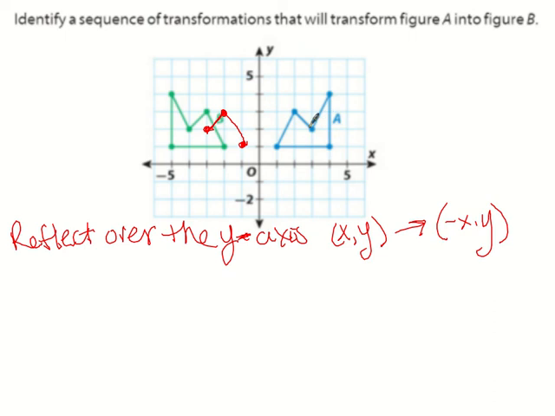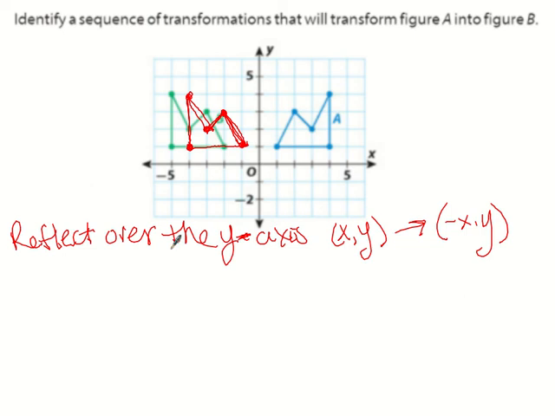So this one looks like 1, 2, 3, 4, 1, 2, 3, 4, but it's up here. This one's also 4, but down here 1, and it looks like I'm done. There we go. There's all my points. All right, so there's my reflection over the y-axis.